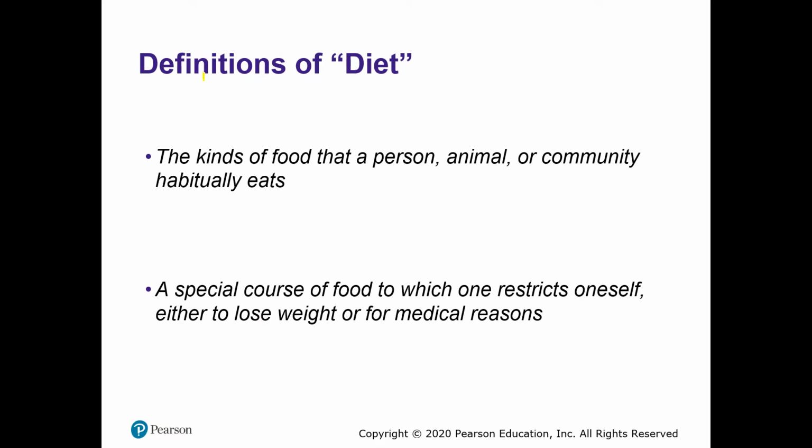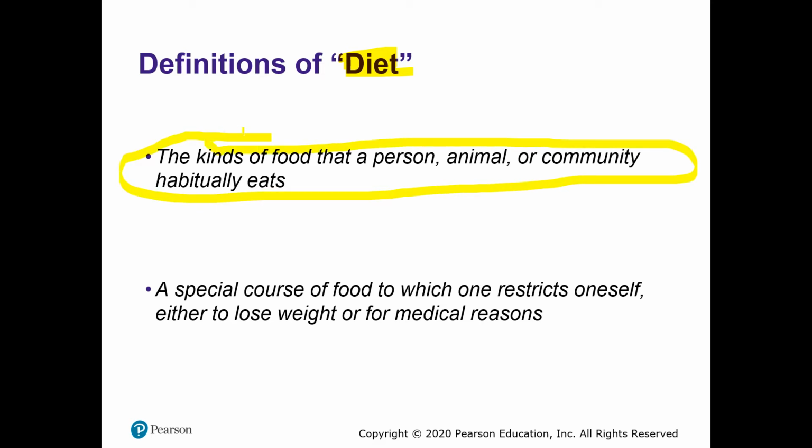Like I did in Chapter 1, I just want to review what I mean when I say diet. These definitions are taken from Merriam-Webster, your basic dictionary. I use this definition of diet all of the time, meaning diet is simply the kinds of food that a person, an animal, or a community of people habitually eats. It's just the way that a person eats.